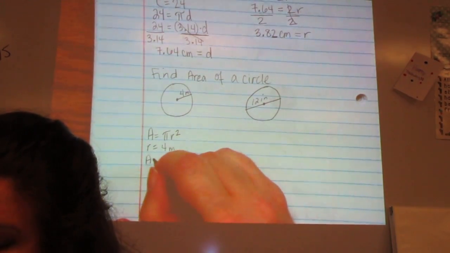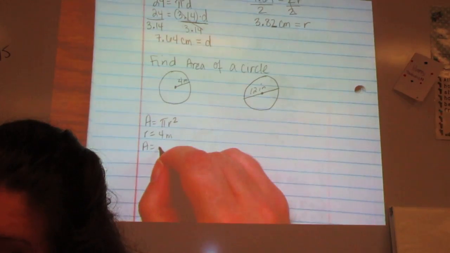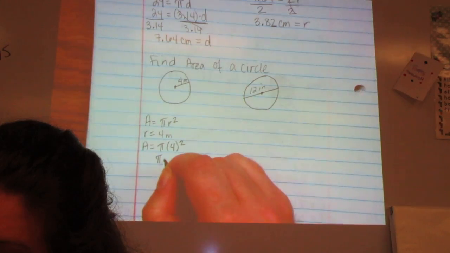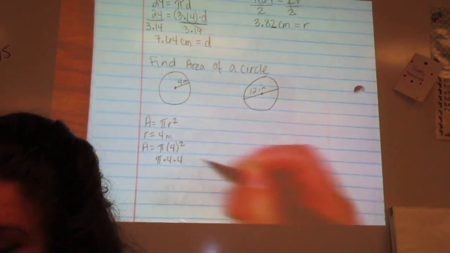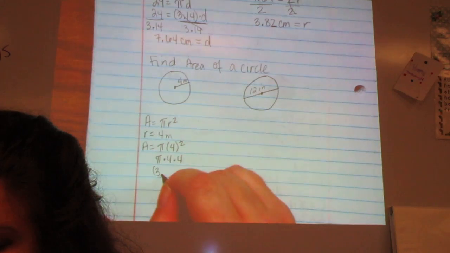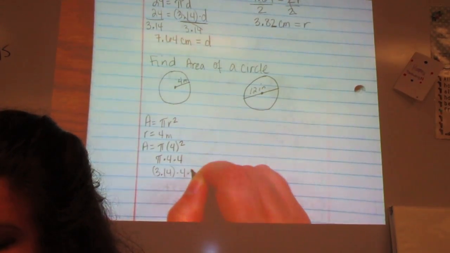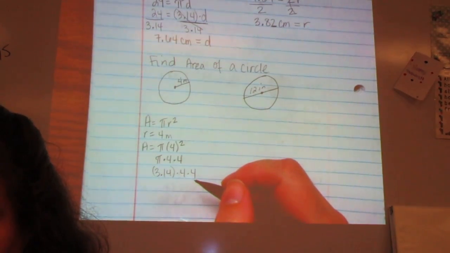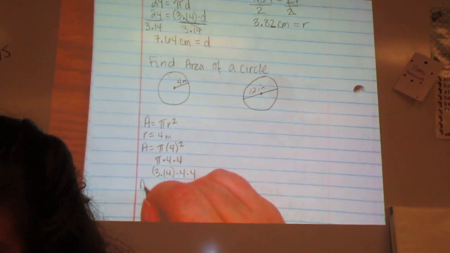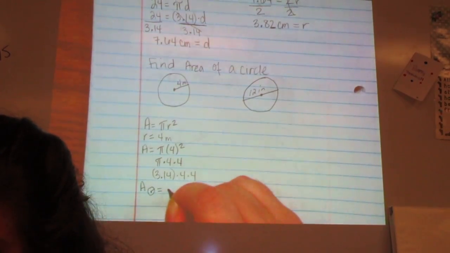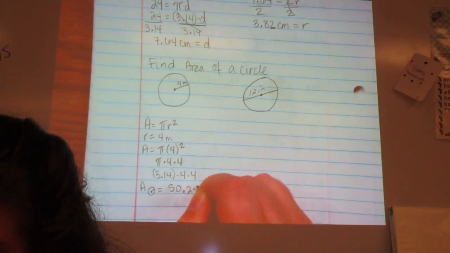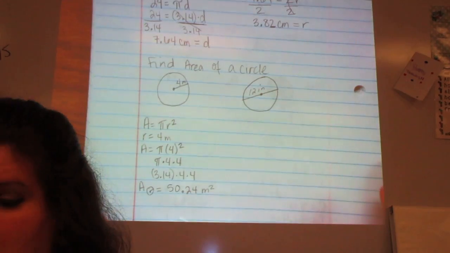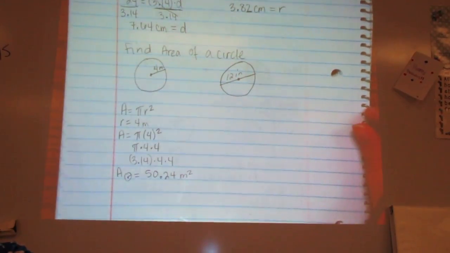So I can put this directly into my formula as pi times the radius squared, which means the radius times the radius again. So this is 3.14 times 4 times 4. And if I put that in my calculator exactly as it's written, the area of my circle is 50.24 square meters, because remember, area is a square measurement.